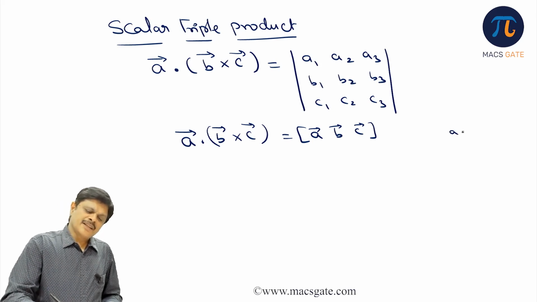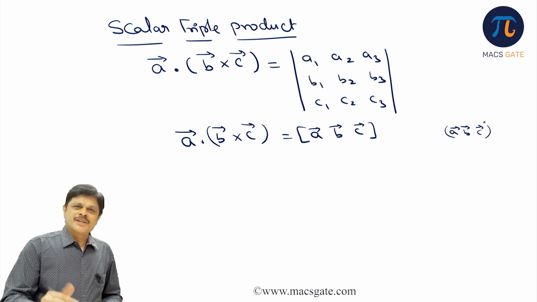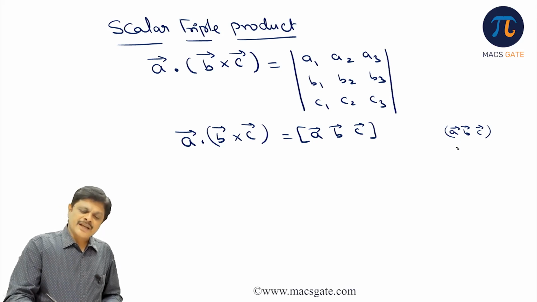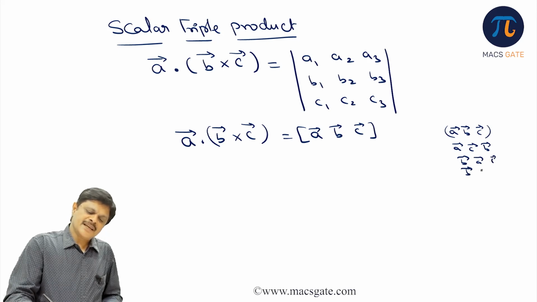Now when you have three vectors A, B, C, how many permutations are possible? For these 3 letters, we can have ABC, ACB, BAC, BCA, CAB, and CBA.